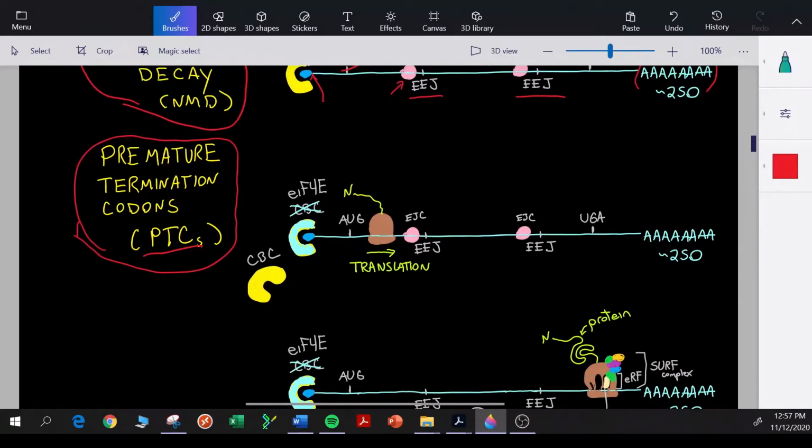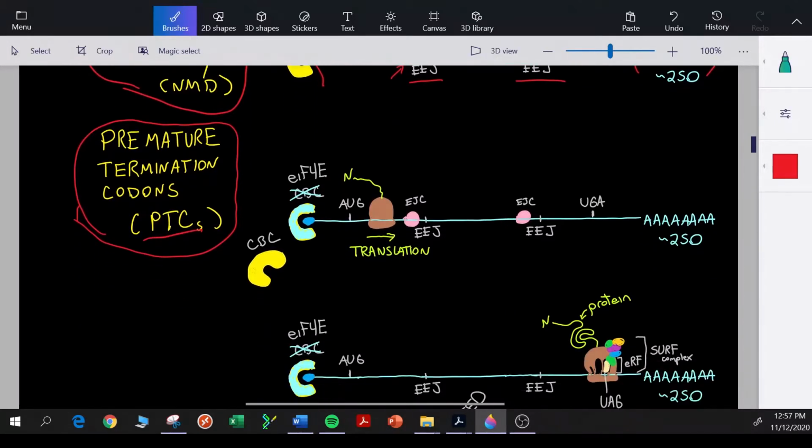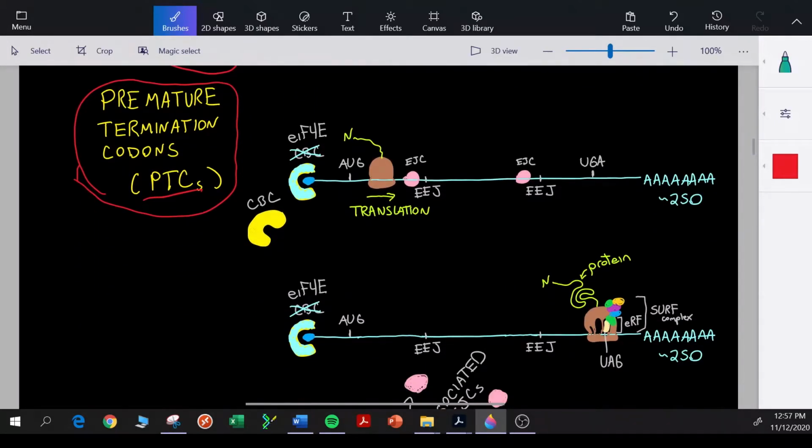So when this messenger RNA is exported to the cytoplasm, it will be translated. When it undergoes translation, one of the first things to happen is the cap binding complex, CBC, is exchanged for a different complex called eIF4E.